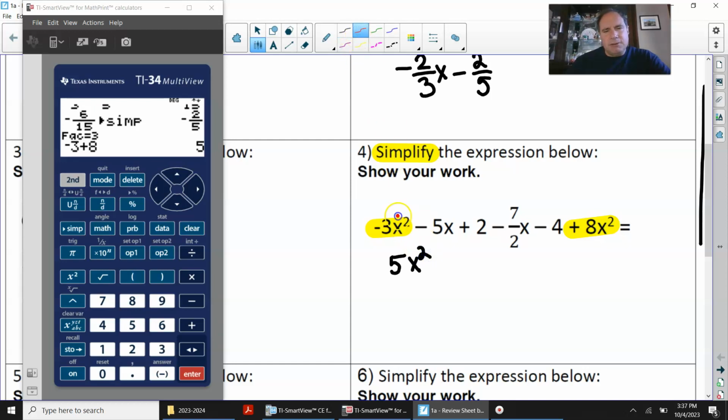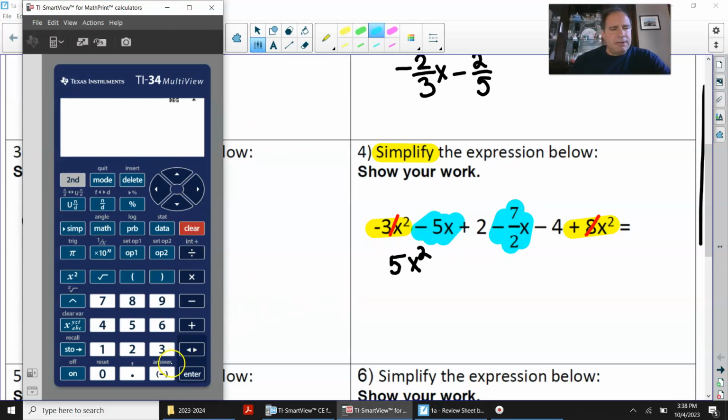What I typically like to do when I'm combining like terms is cancel out the terms that I combined already, and go to the next 2 terms that we're going to combine. So the next terms that I'm going to combine are negative 5x and negative 7 over 2x. So I'm going to take my calculator, do negative 5, and then minus, and I'm just going to put 7 over 2.